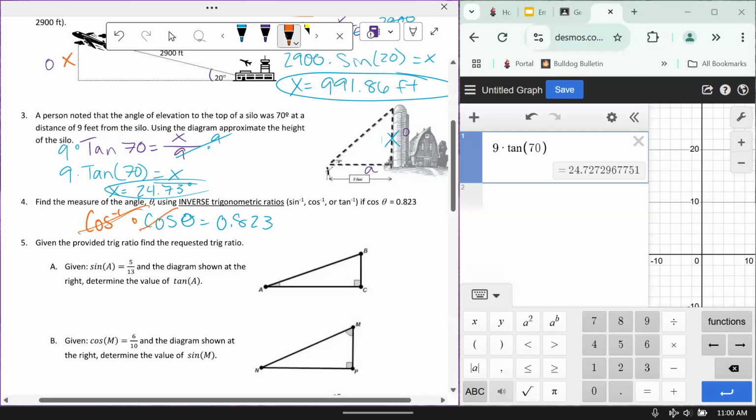So that cancels and that cancels. What you do to one side, you have to do to the other. So theta equals the inverse of cosine of 0.823.